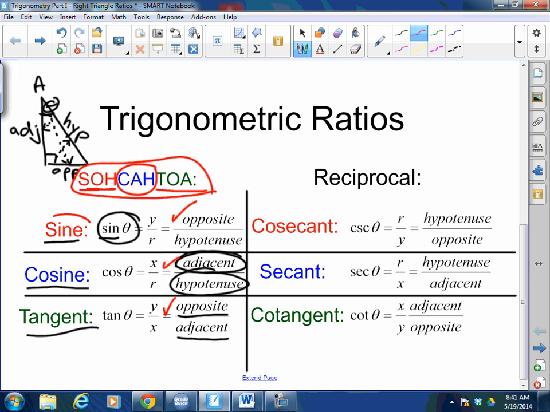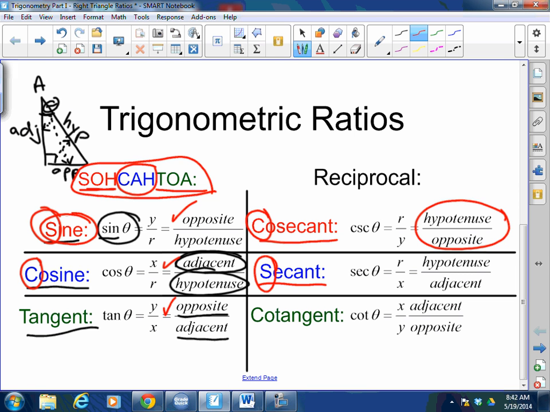Now, these are the three main trigonometric ratios, but there are three reciprocal trigonometric ratios. The reciprocal of the sine is called the cosecant. And you know what a reciprocal is already. You flip it, right? So if the sine is opposite over hypotenuse, the cosecant is hypotenuse over opposite. The reciprocal of the cosine is the secant. Pay attention to that. Sine goes to cosecant. Cosine goes to secant. Why did they do it that way?